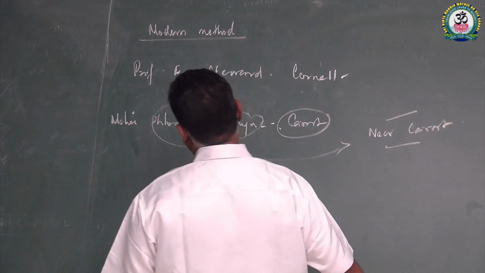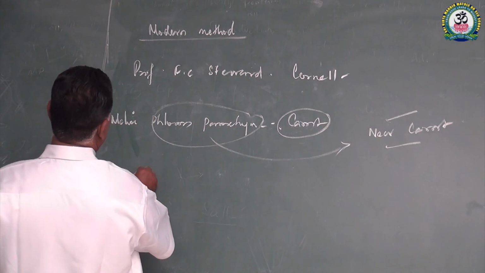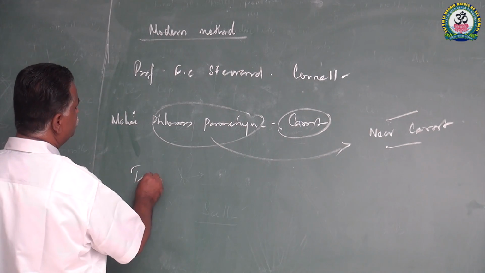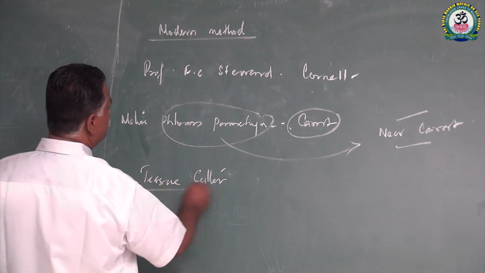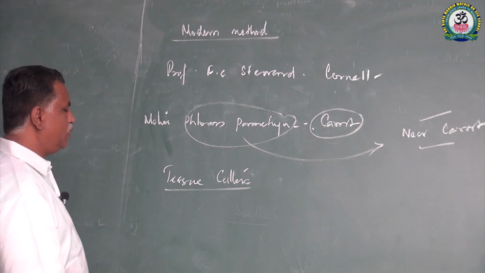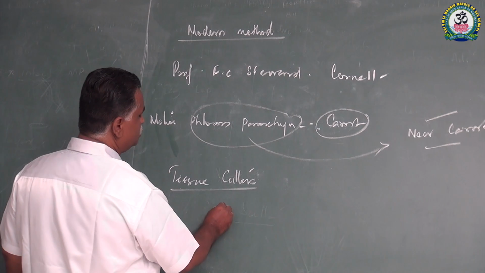So in the modern method, this is called tissue culture. In tissue culture, there are two methods. One is totipotency.